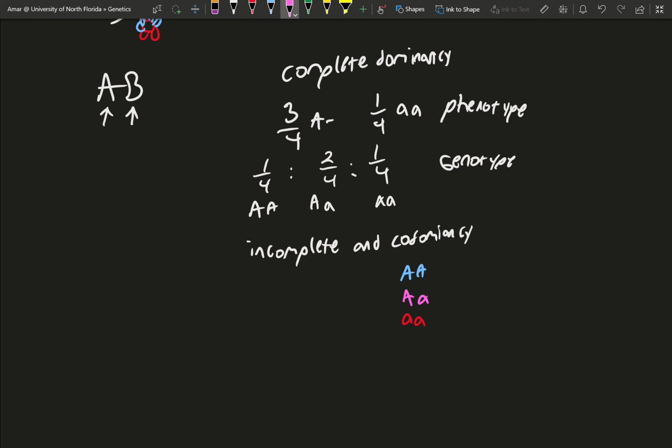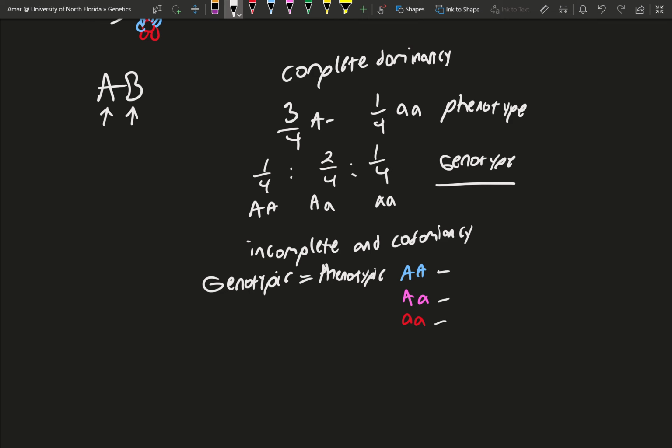So basically, every single genotype has its own phenotype for both incomplete dominancy and codominancy. In a case where you have to figure out the products of a cross that has incomplete dominancy or codominancy, you would use the genotypic ratio. The genotypic ratio is equal to the phenotypic ratio, because these are all different phenotypes.